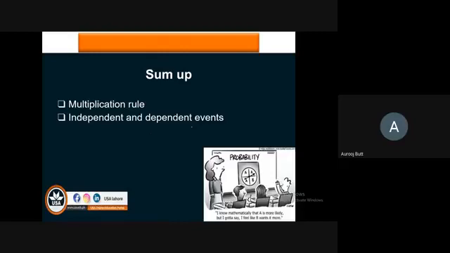If it's equal to probability A multiplied by probability B, then we'll say that the events are independent. If inequality holds between the left hand side and right hand side, then we'll say that events are dependent. Or you have the alternative way as well: if probability A given B is equal to probability A, that means because of an event B, no change occurs for the event A, then we'll say that the events are independent.